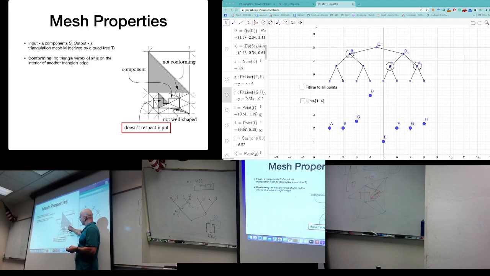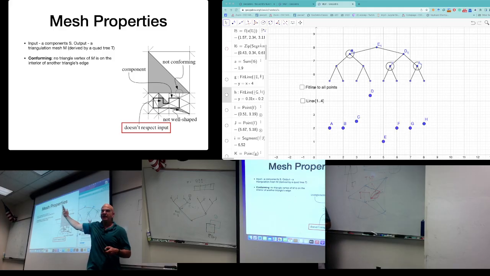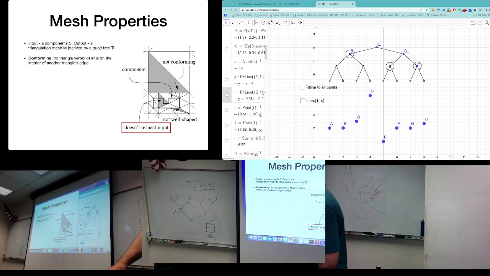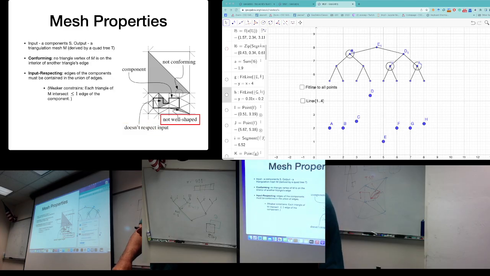But as a rule of thumb, it's a good source of numerical errors. If you're slightly mistaken about the calculation of this vertex, suddenly this vertex appears in the middle of the edge of the other one. If you insist on having a vertex here, then make it a vertex of the other triangle too, and split that triangle as well. It's a good source of problems down the line. So when triangles meet, they should meet in vertices, not in the middle of another triangle's edge.